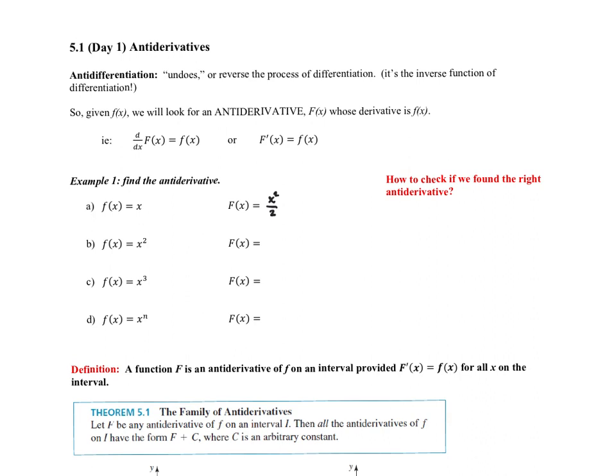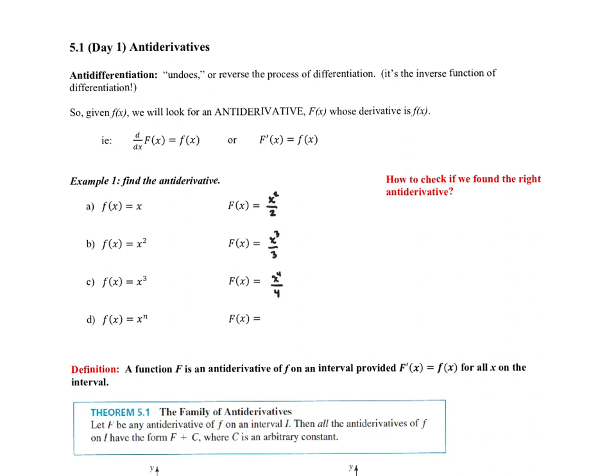Okay, so now as I look at each of these, A, B, C, D, and E, I can see that there's going to be a pattern. Instead of using the power rule that we're used to using in differentiation, we're going to find the antiderivative by doing the opposite of that power rule to some extent.